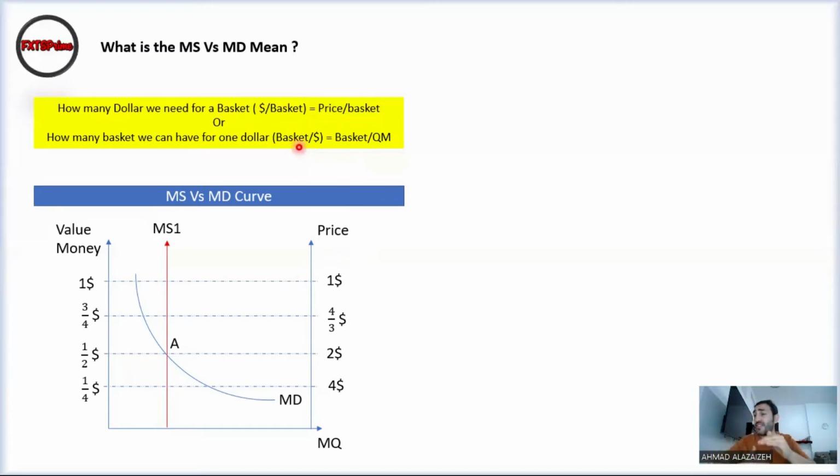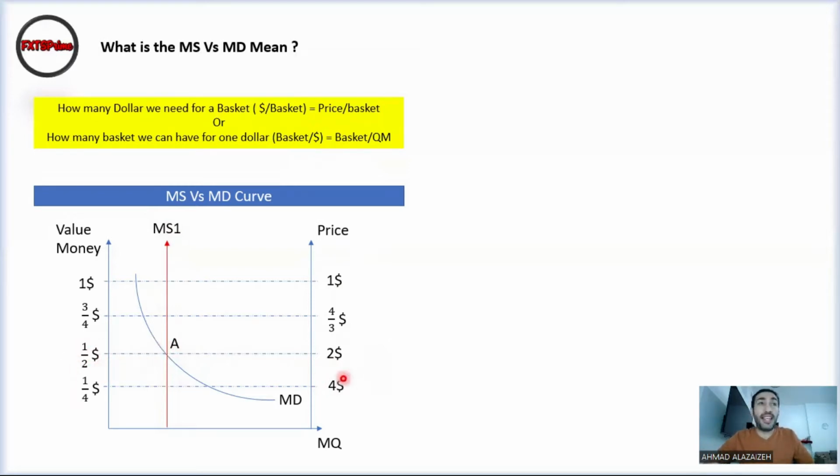Those goods and services you purchase as a consumer don't change. The only thing that changes is the prices of those goods and services. So let's say the price for this basket was $2. At $2, when the money supply was at money supply 1, the value of the dollar was halfway.